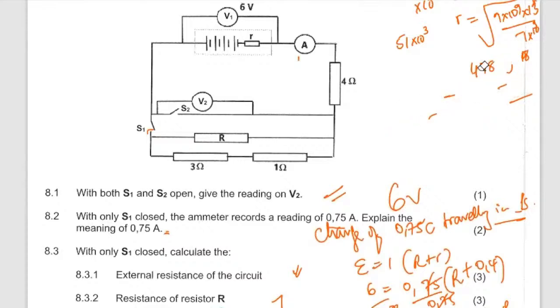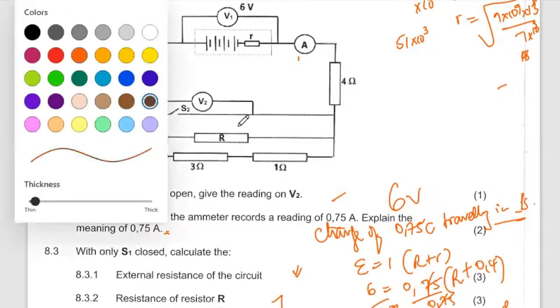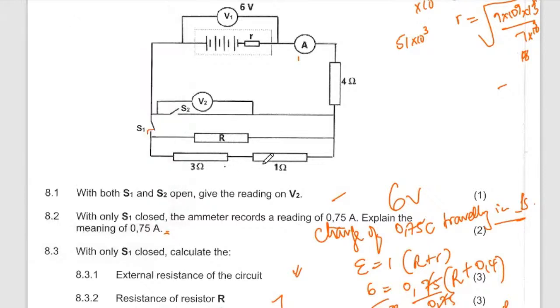So what I'm going to do is combine. Let me just write it in. So I'm combining this and that. Let me combine the 3 and the 1 to give me 4, so that I have R and then a 4. These combined together must give us the 7.6 ohms. Since it's parallel, I can use the product over the sum.